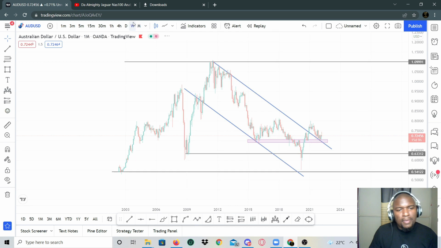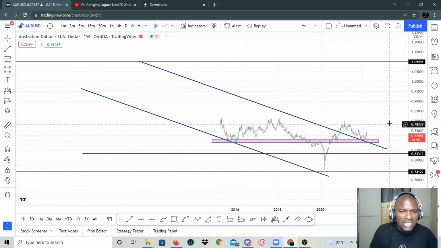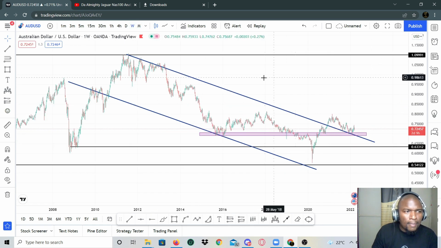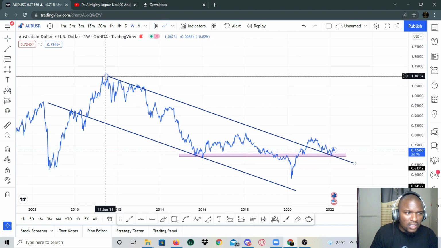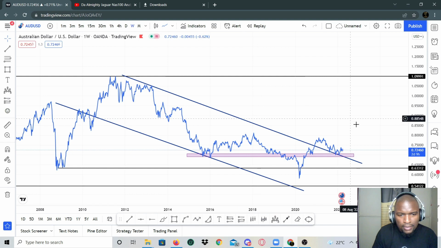So from the monthly, we dive in deeper to go to our weekly time frame, where we're going to check our accuracy again.